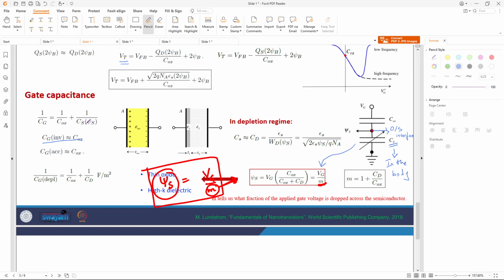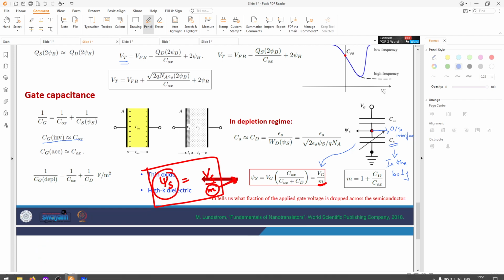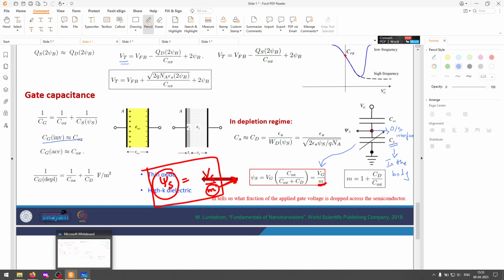No, the depletion capacitance goes to infinity. I'm sorry. This is one by CD, right? So for these two to be equal, CD should go to infinity. It shouldn't go to zero.